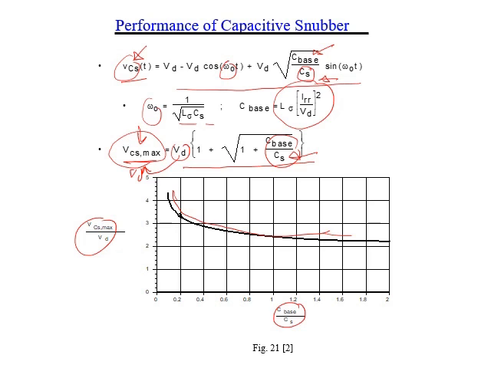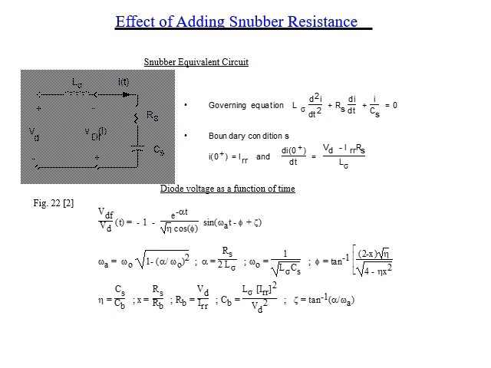Now, let's consider adding the resistance. Why do we add resistance here? In general, a capacitor with inductance makes a resonance: charge, discharge, charge, discharge. But the resistance is used to consume this power, this current, so more control comes in.